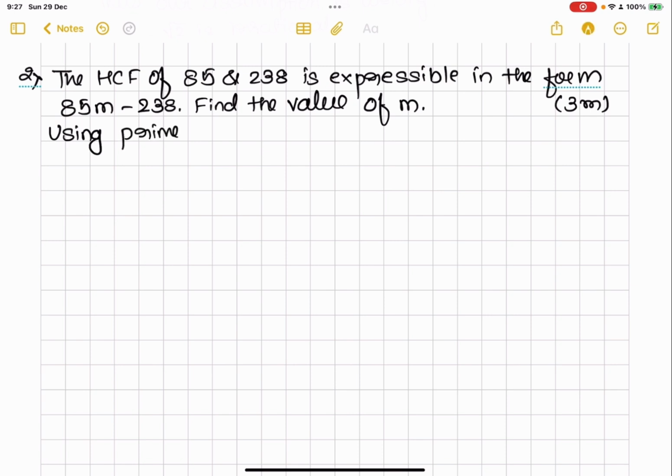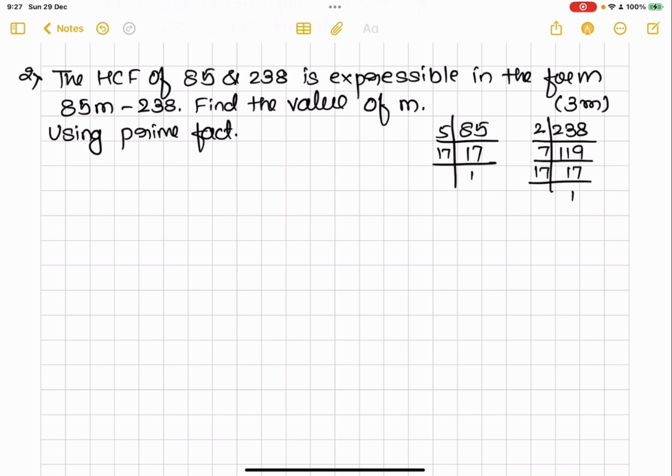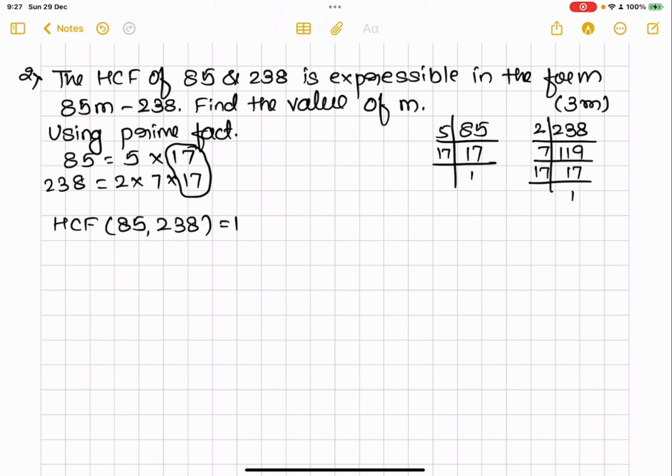If I do prime factorization of 85, I will get 5 and 17 as prime factors, and if I do it for 238, I will get 2, 7 and 17. So 85 equals 5 into 17, and 238 equals 2 into 7 into 17. So HCF is 17. So HCF of 85 and 238 is 17.